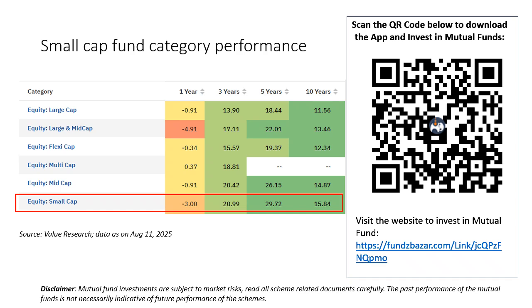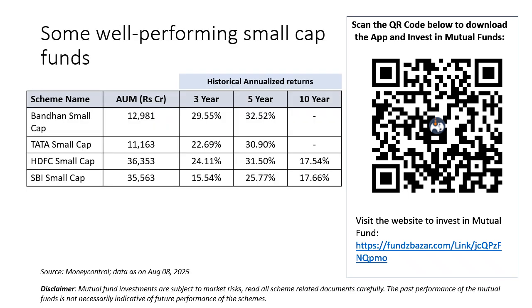But having said that, you also need to remember the previous two slides where you saw the kind of crashes that had happened and the amount of time it took for the index to recover.